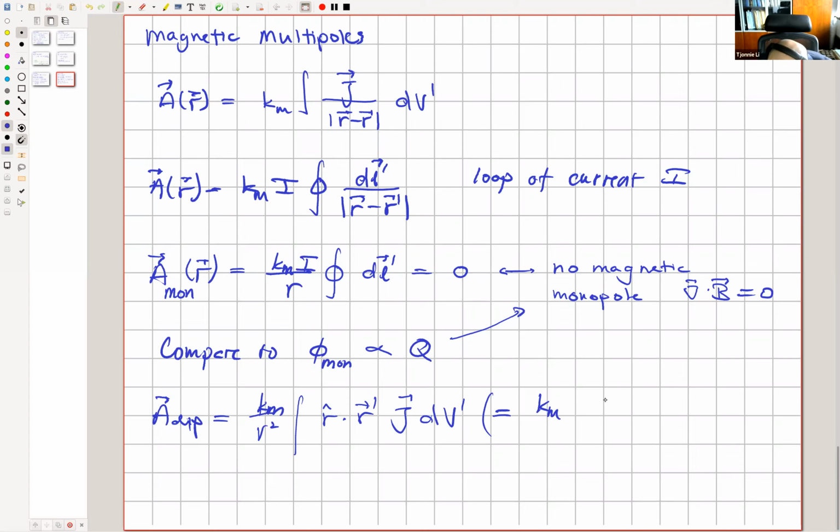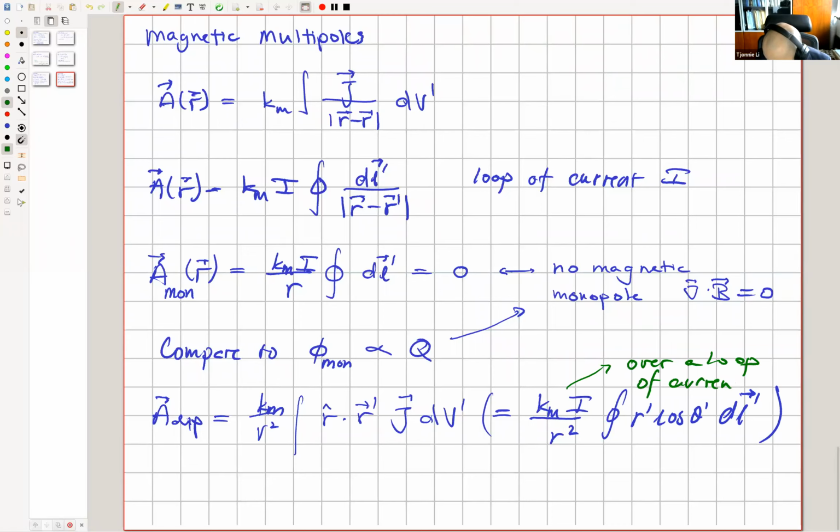I could write km I over r squared, and indeed a loop over r prime cosine theta prime, and then dl prime, like this. Okay, so this is just over a loop of current I.